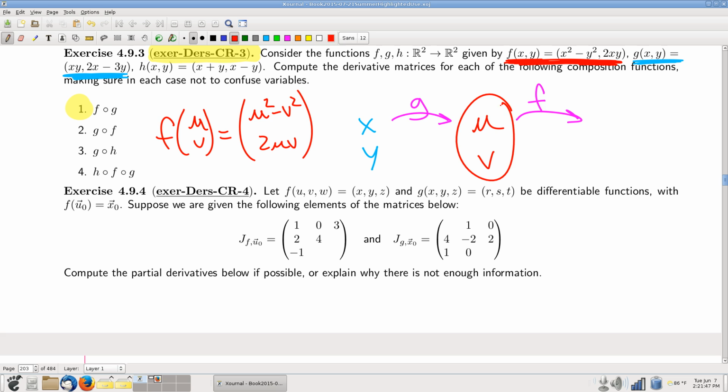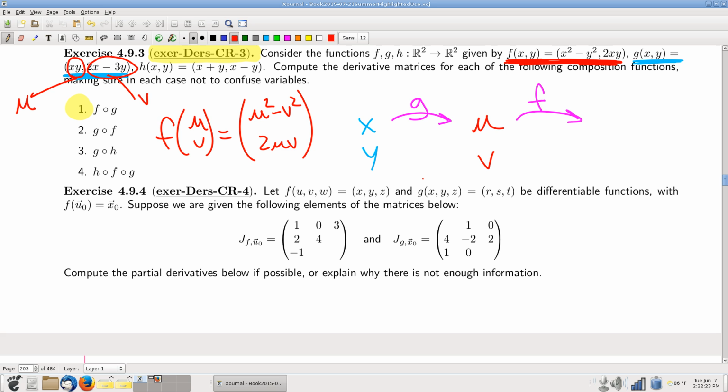U and V are the outputs from the G function. So let me explicitly put on here, that's U, and that's V. Is that cool? Just because it's easy to lose track. There's a lot of variables running around, and it's easy to lose track of what's what.